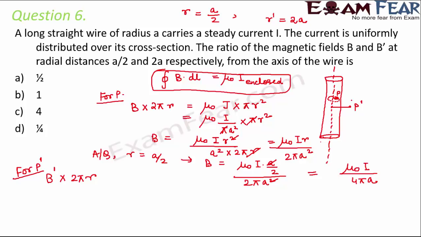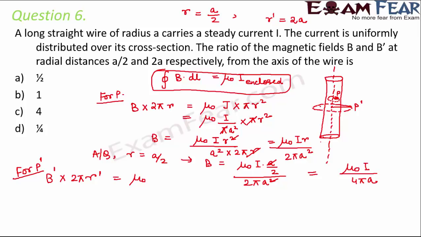So in this case, it will be B dash into 2 pi r dash, which is equal to mu naught into I enclosed.